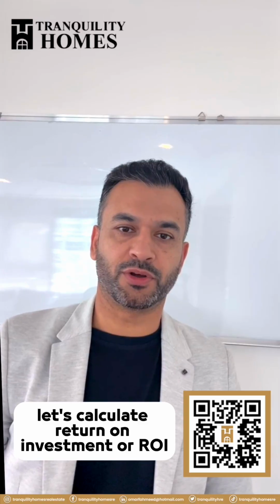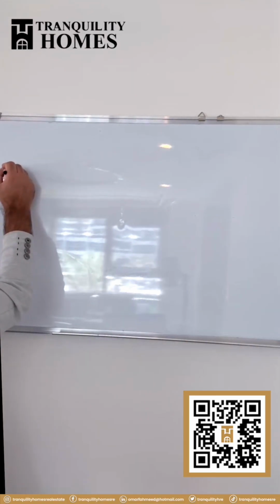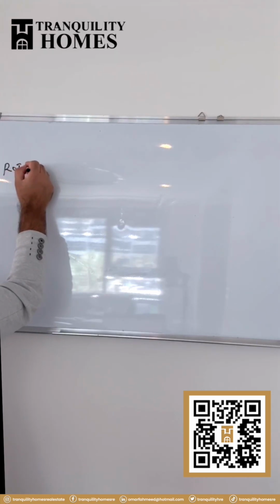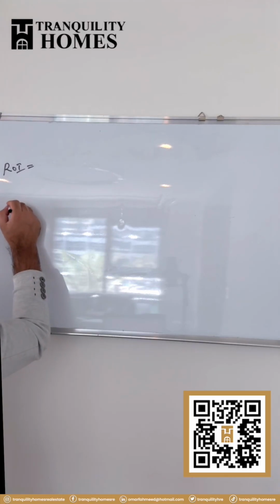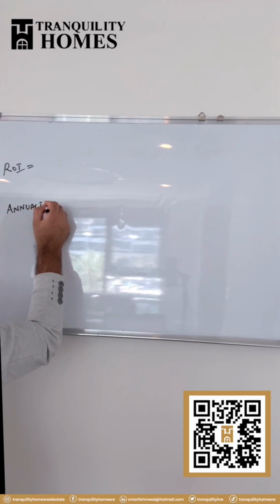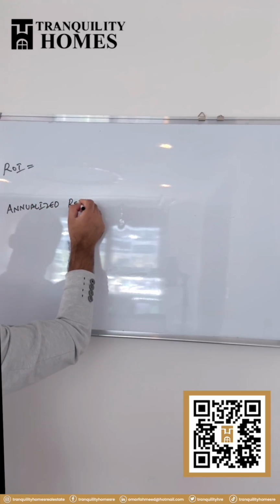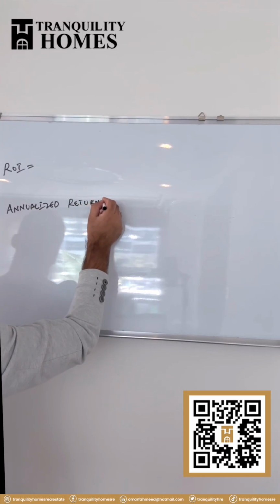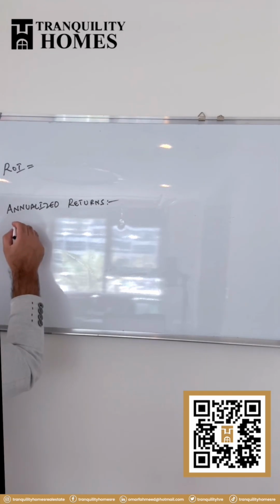Let's calculate return on investment, or ROI. For your ROI, we first need to calculate the annualized returns. For annualized returns, we first have to see what the final value is.